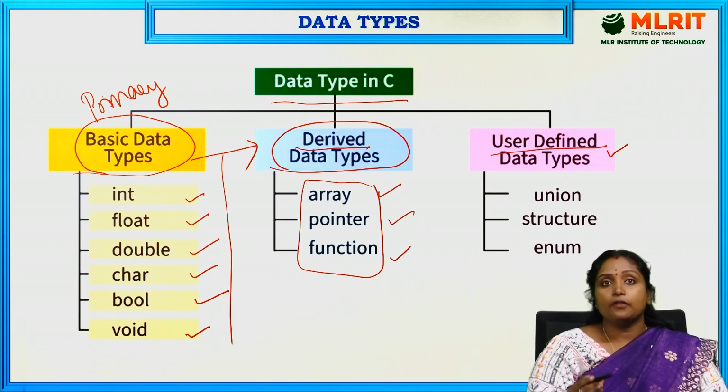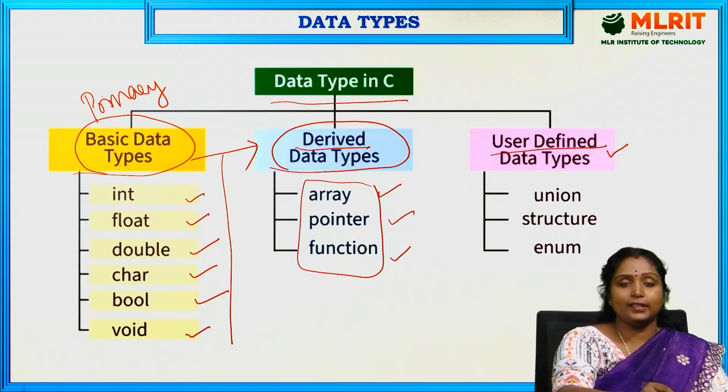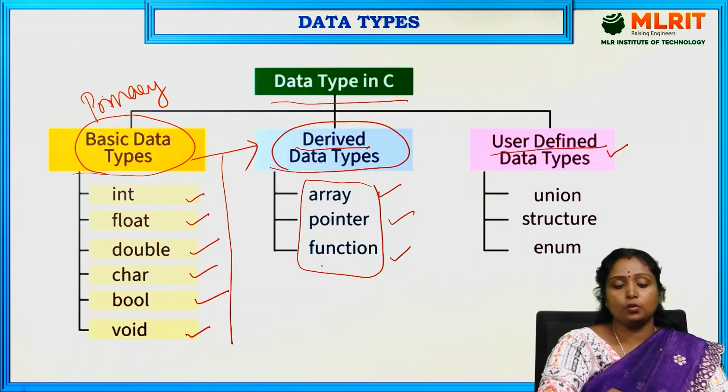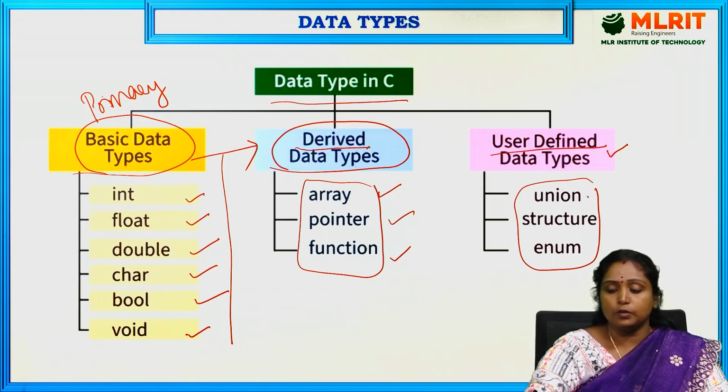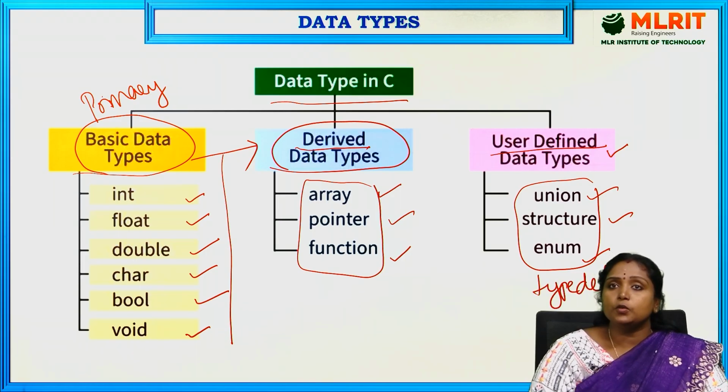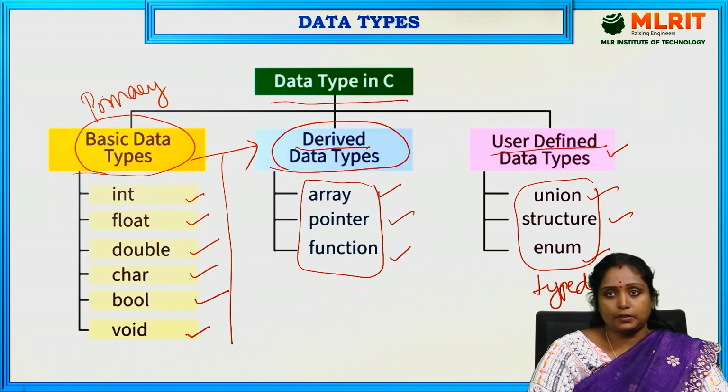Then we will go for simple C programming. The user defined data types are union, structures, enumeration and typedef. These all come under user defined data types.